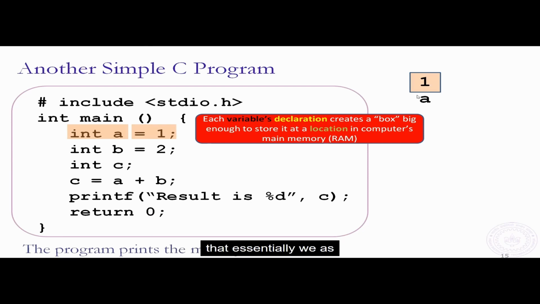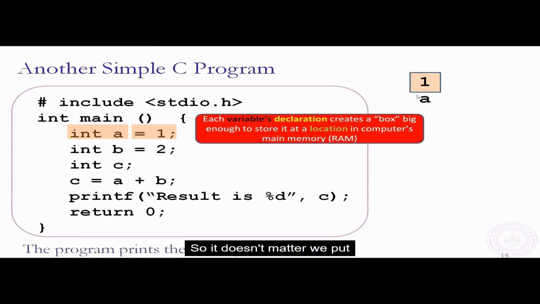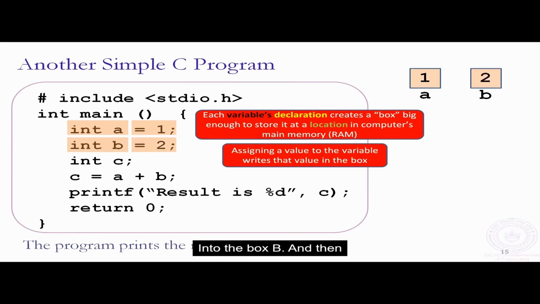And that essentially, as we'll see further down in the course, imposes restrictions on how big an integer can be stored in that box. But for now, we're just working with small integers, so it doesn't matter. We put 1 into the box that is named A, and we put 2 into the box B.